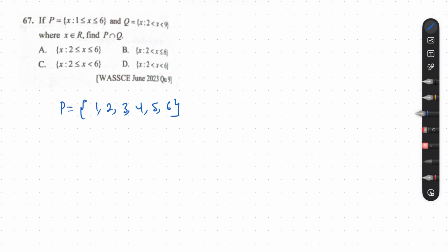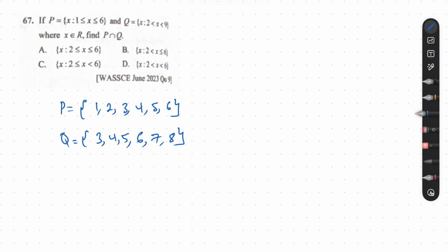Now Q is the set of numbers from 2 to 9, but they are not inclusive. So it starts from 3: 3, 4, 5, 6, 7, 8. So this is our Q.